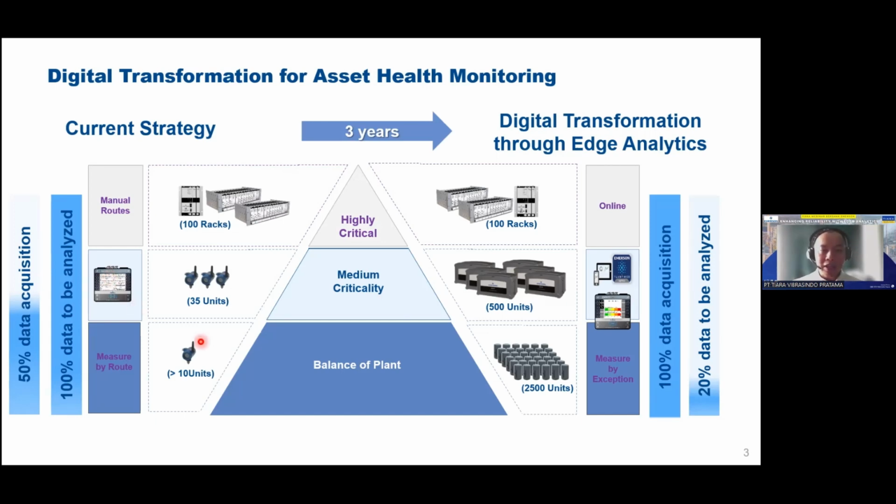And also there's the last layer here, some machines are not even being monitored. You're just running them to failure and so on. So this is the traditional way. You're very familiar with it. Many people are doing it. So 50% of time is spent collecting data, and all your data have to be analyzed. That is the summary of this strategy.